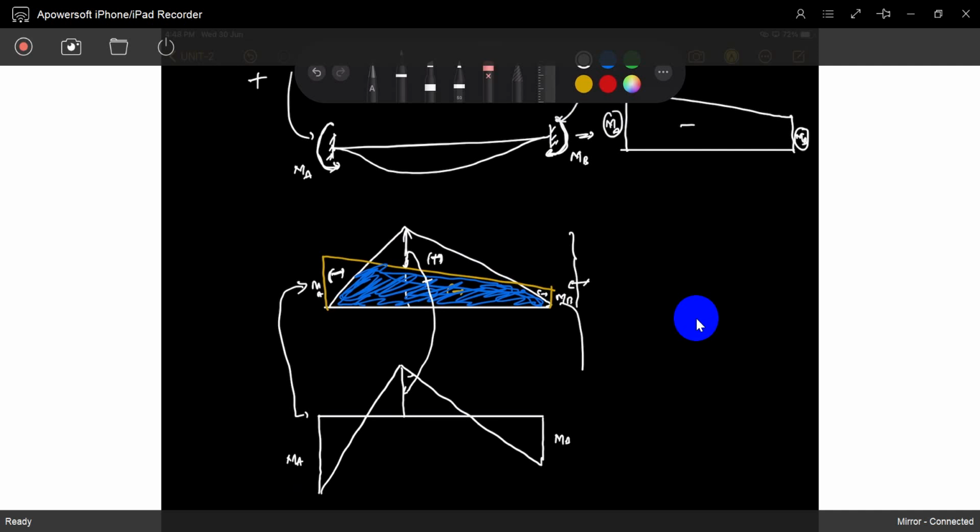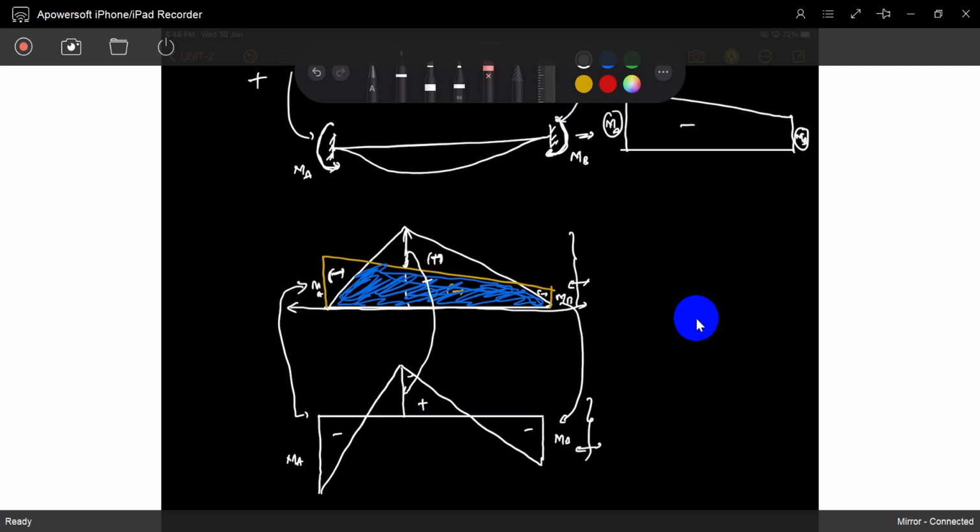This is MB. So plus and minus are represented on the same line. From the same line, we can represent plus and minus on the same side. Otherwise, it is a plus, it is a minus. Are you understood? This is a bending moment.